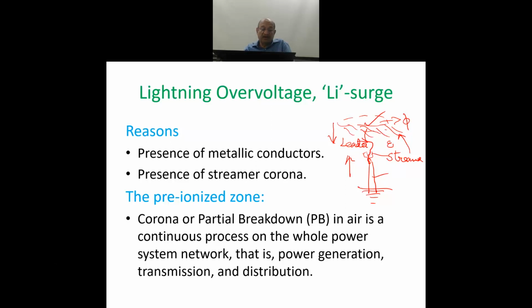So the ionization because of corona develops a kind of pre-ionized zone, weakening the dielectric properties of the air. So the lightning strikes, as I said, the weakest part of the system; the lightning prefers to strike on the power system.